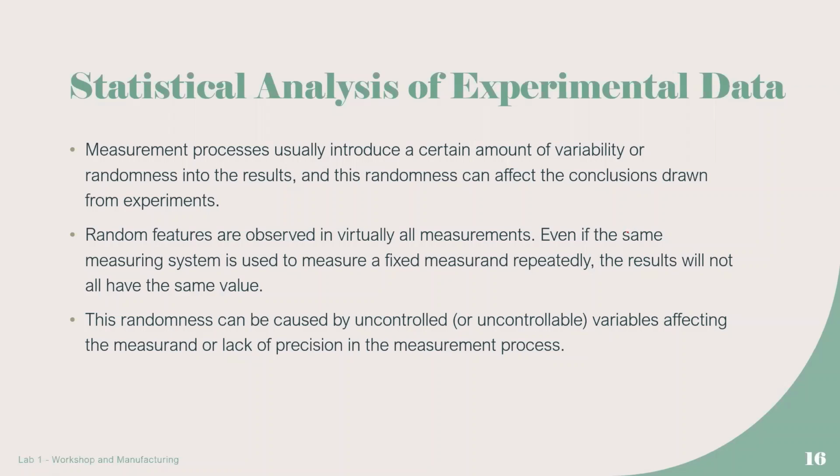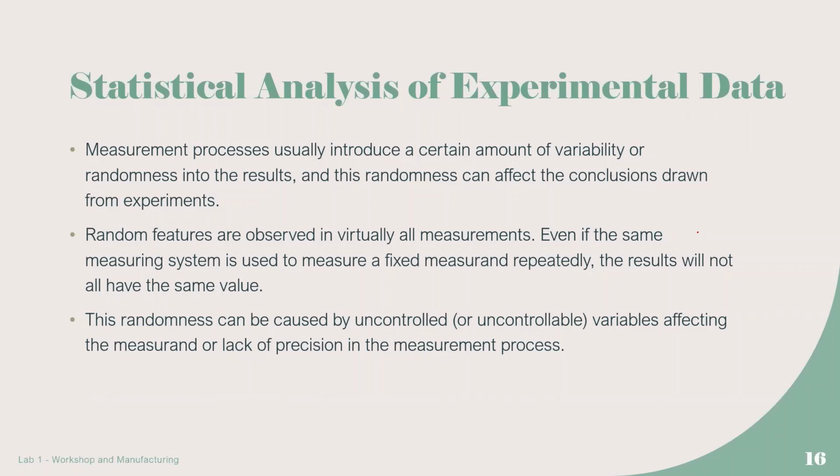Let's keep going with statistical analysis of experimental data. So we have a problem in measurement, and that is, even though you're doing everything right, you're doing everything the same, two measurements could be different from each other. Let's say you're measuring the temperature of water.